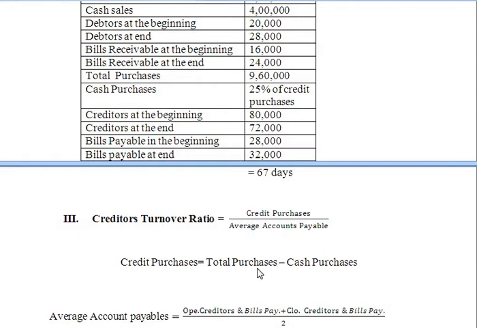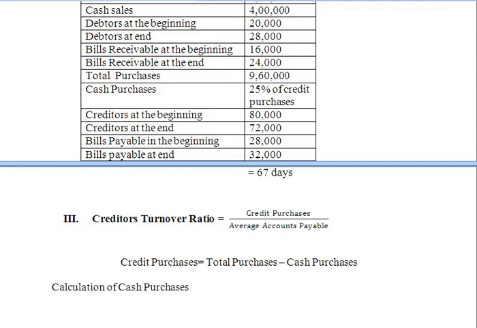So next line, write calculation of cash purchases. Because to find out credit purchases we should know the amount of cash purchases, right? And what they have given regarding cash purchases: cash purchases is 25% of credit purchases.